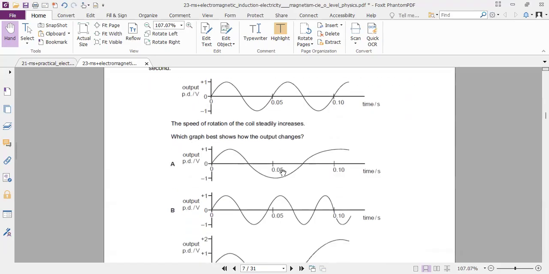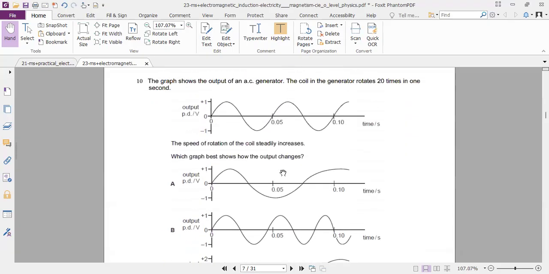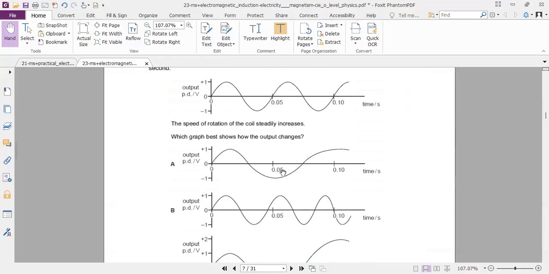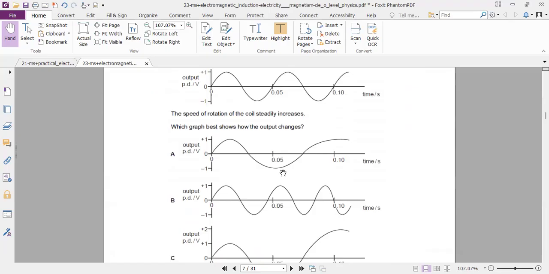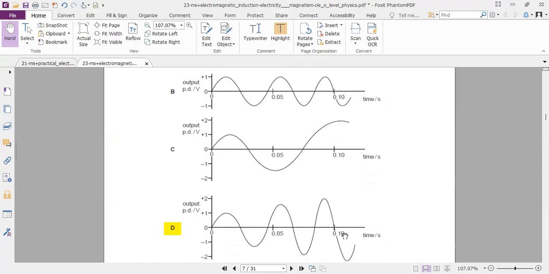So steadily increasing means you have to make sure the frequency doesn't change. So you increase just the speed, not the frequency. Now you're increasing the speed, so the amplitude is increasing.